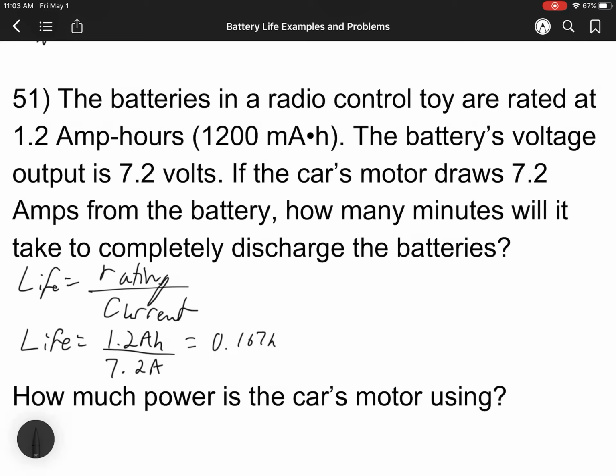0.167 hours. But it didn't ask about hours, did it? It asked how many minutes. So we're going to have to calculate minutes. 1 hour, 60 minutes.